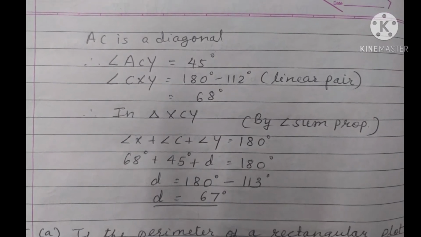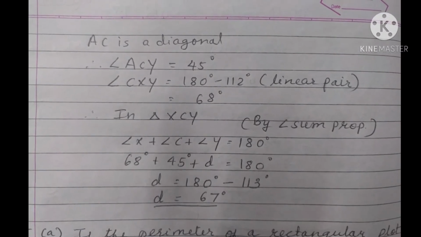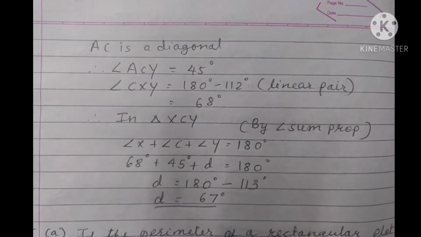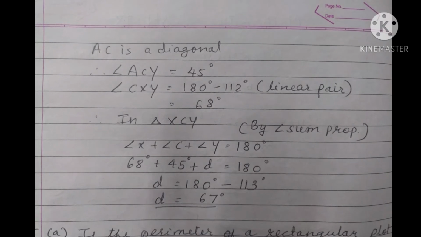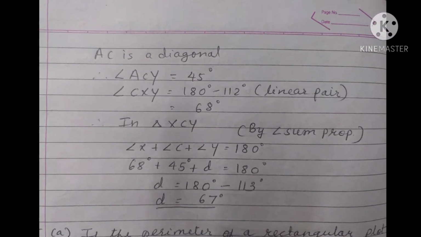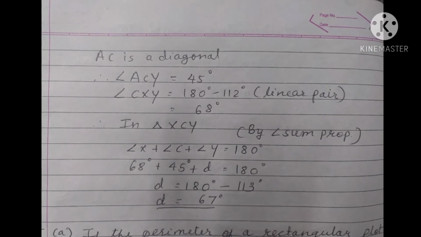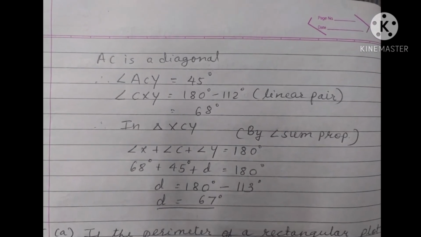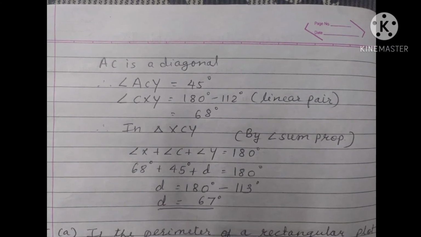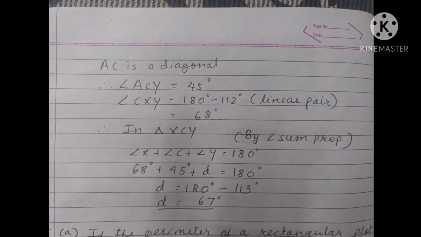Now in triangle XCY by angle sum property, 2 angles are known, so the third angle we can find out. X plus C plus Y is equal to 180 degrees. So placing the values, 68 plus 45 plus D is equal to 180 degrees. So D is equal to 180 minus 113. So D is 67 degrees.